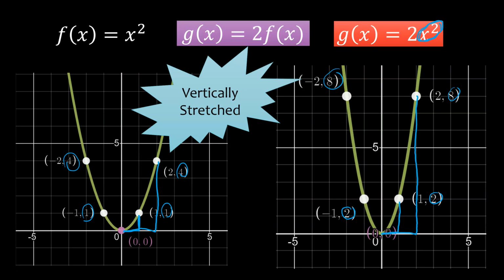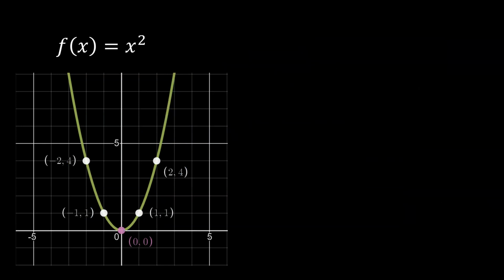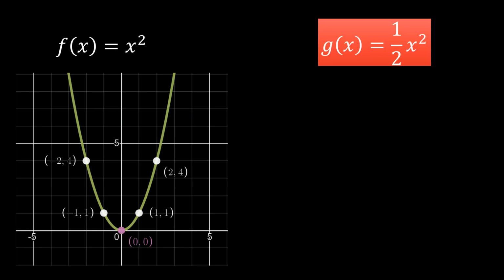So we vertically stretch this function by a factor of 2. Now, if we know that multiplying by 2 vertically stretches, then logically multiplying x squared by 1/2 would vertically compress.